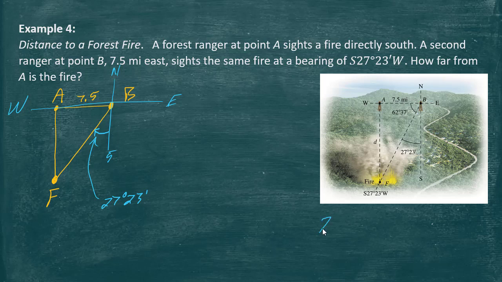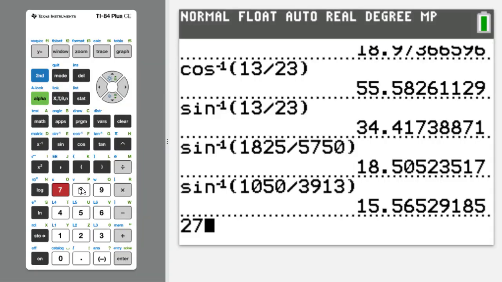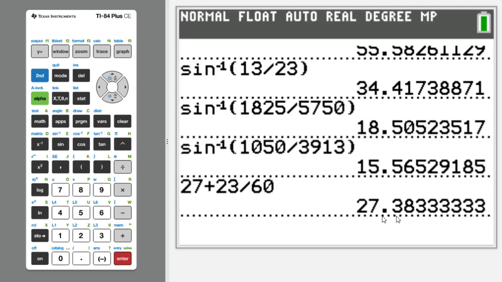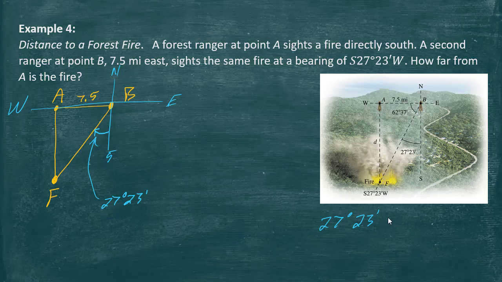So the decimal format, I'll write it in the bottom right corner: 27 degrees 23 minutes is the same as doing 27 plus 23 over 60, and that gives me 27.383-ish. So I could also say this is approximately 27.383 degrees, and that might make typing into the calculator a little bit easier.